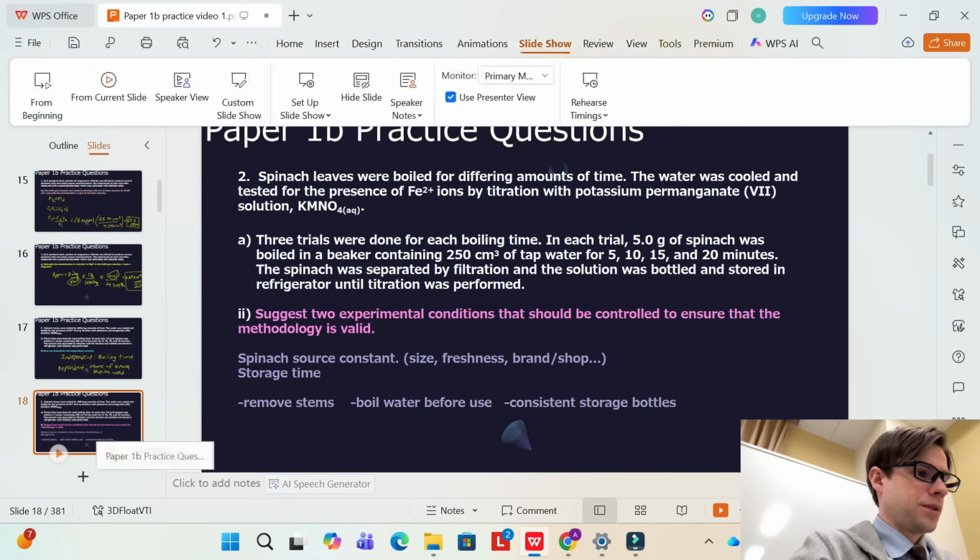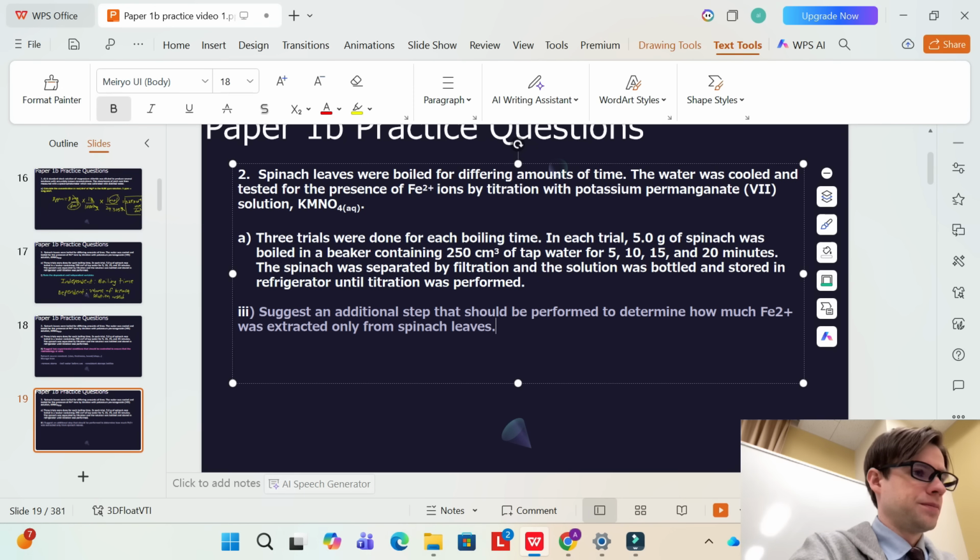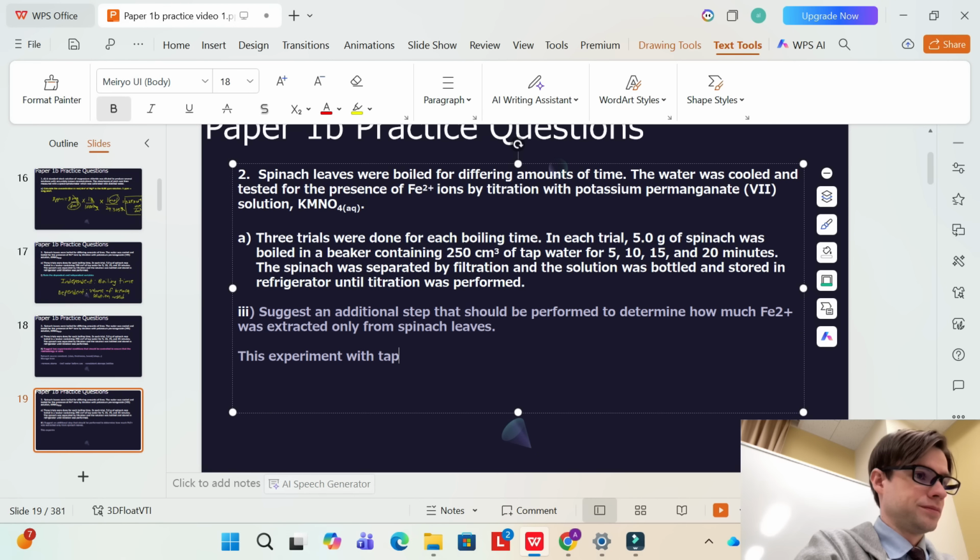Okay, next, part 3, suggest an additional step that should be performed to determine how much iron 2 plus was extracted only from spinach leaves. So this experiment should be done with tap water itself. You can boil it, titrate it, and see how much iron 2 plus might be in the tap water alone. That way, any additional amount is actually from the spinach leaves.